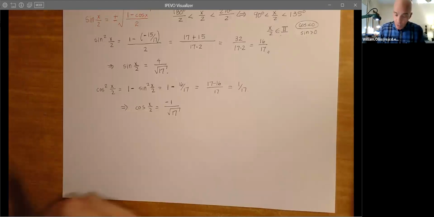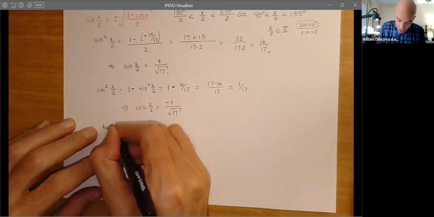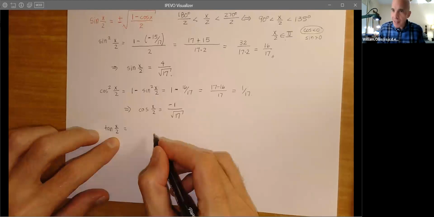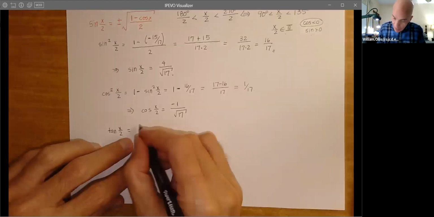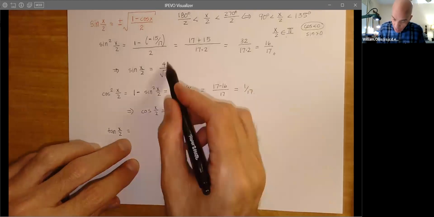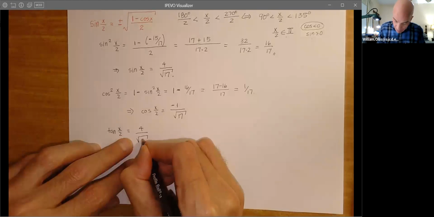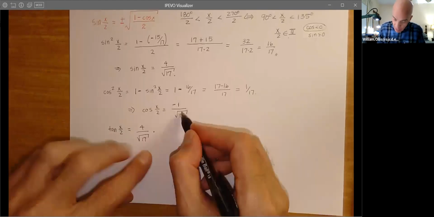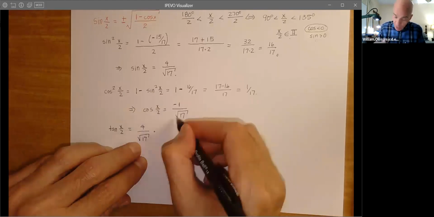So we just say, well, tangent is sine over cosine. So tangent of x over 2. And the sine is determined by the sine and the cosine, so we don't have to worry about anything. So we've got, in this case, sine that's up here, 4 over root 17. And then we divide by this, so reciprocate and multiply.